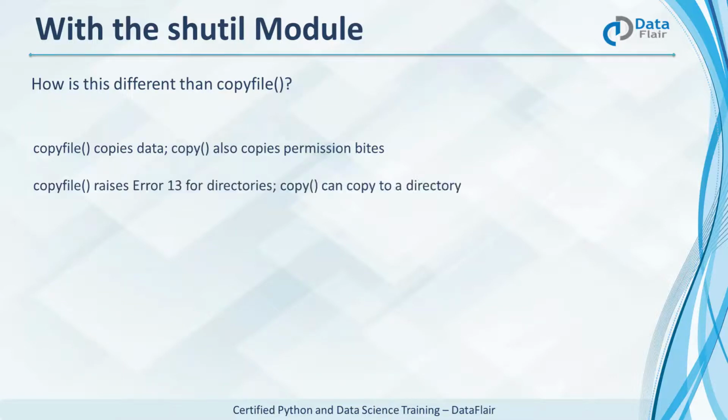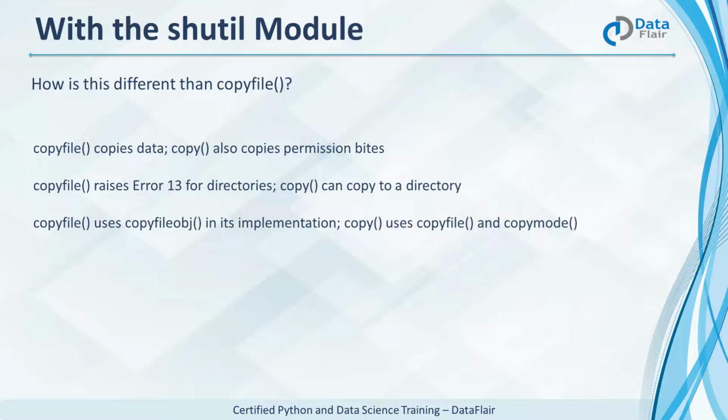It also raises error 13 for directories, but copy can copy to a directory. Copyfile internally uses copyfileobj, but copy uses copyfile and copymode. Copyfile has no overhead of preserving permissions and so is faster than copy.